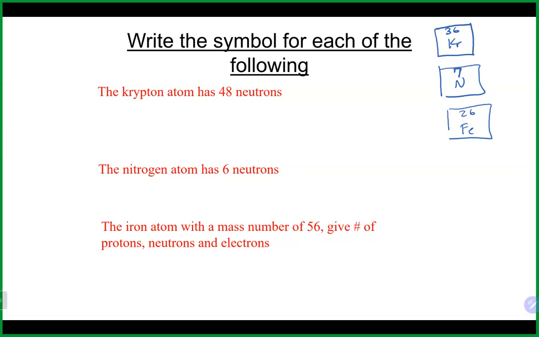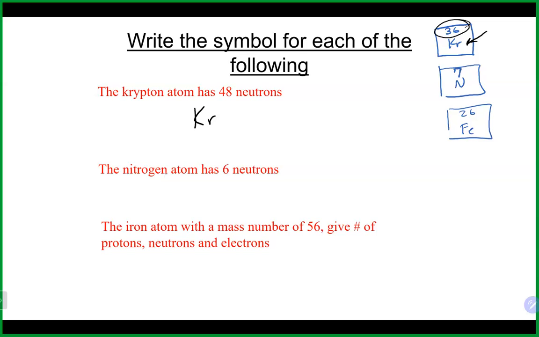Okay, so let's take a look. We'll start with krypton. Clearly, your periodic table is your friend when you're doing this. So we would go to the periodic table. We would find krypton, which is Kr. That would be our symbol. Again, capital K, lowercase r in this case. Once again, from the periodic table, we can find our atomic number, which would be the number on top.